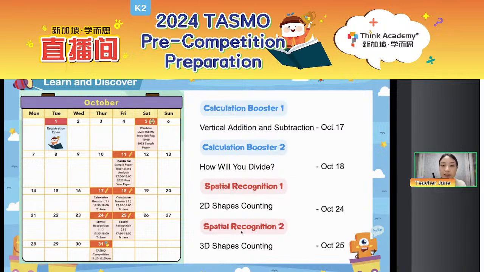Entry proof. In Chinese, that will be 准考证, okay? In English, that will be entry proof. And to make sure someone won't miss this, I will speak another time in Chinese. That will be 准考证. Do remember to print out your 准考证, your entry proof, and bring it to the test venue, okay? So everyone, we can see this is very important.